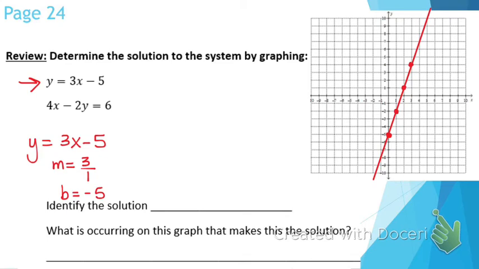All right, so now let's graph our second one. So my second one is 4x minus 2y equals 6. So in order to graph this, I need to subtract 4x from both sides. Go ahead, subtract that 4x.